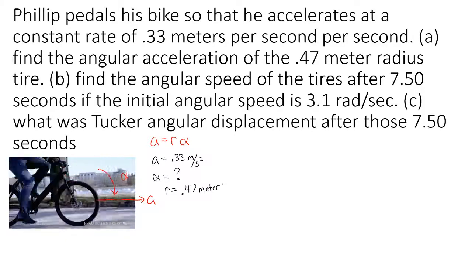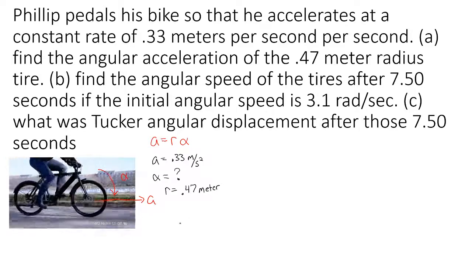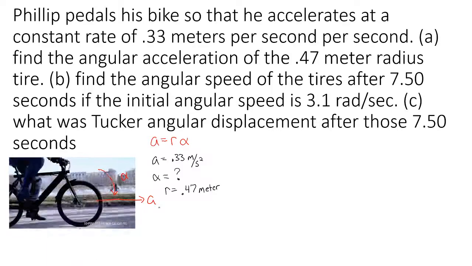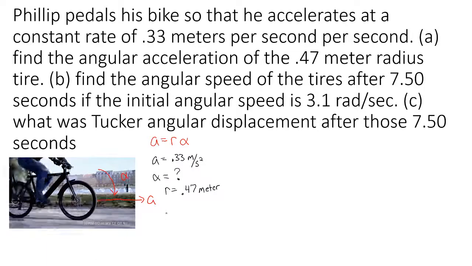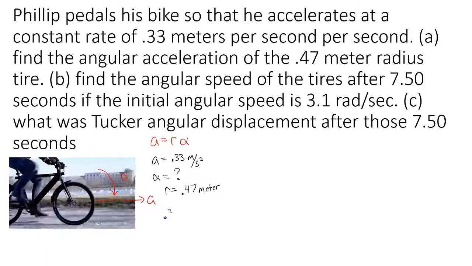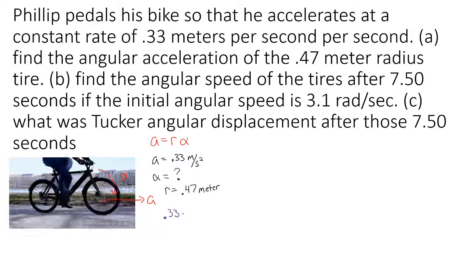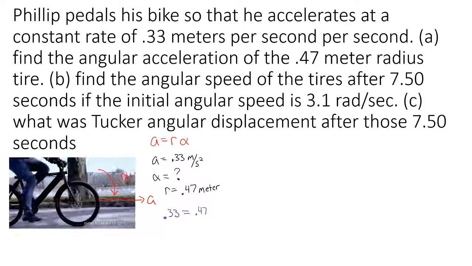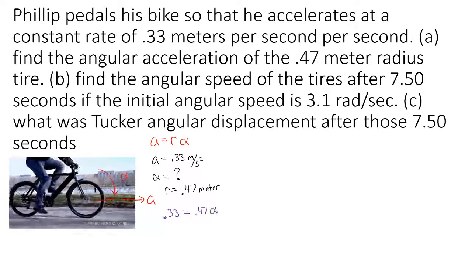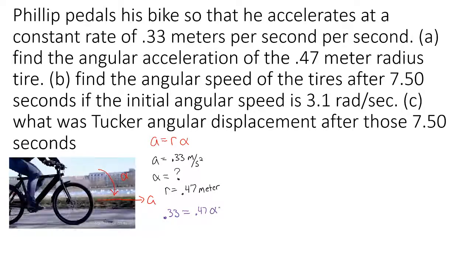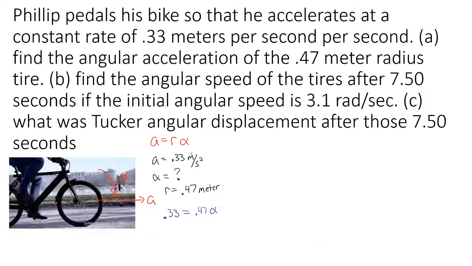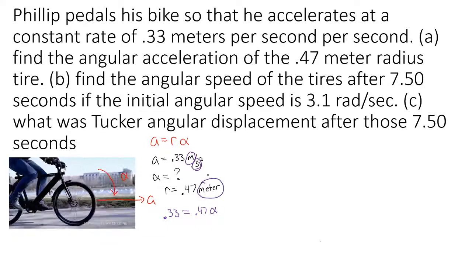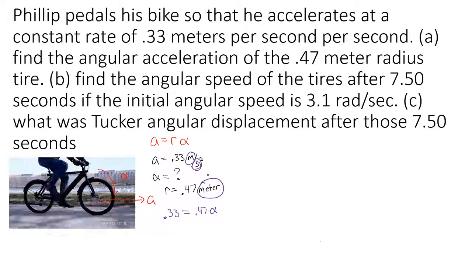So the first thing that I probably want to do is find the angular acceleration. So let's begin working on that with what we know already. So we have 0.33. The linear acceleration equals the radius of the tire, 0.47, times the angular acceleration. So I notice everything already is in meters, seconds, and meters, so I don't have to do any unit analysis to begin the problem.